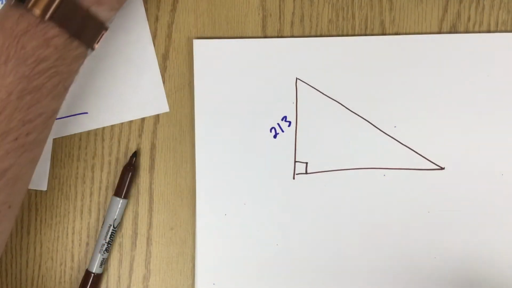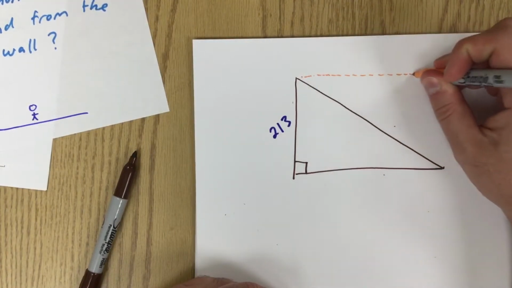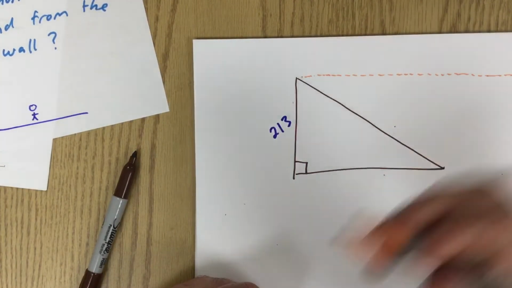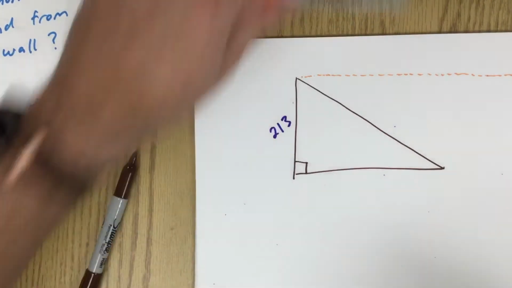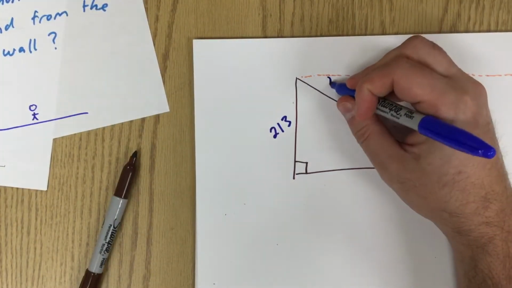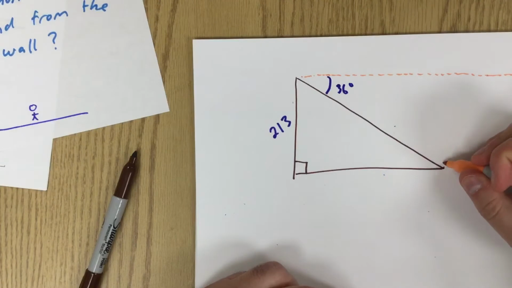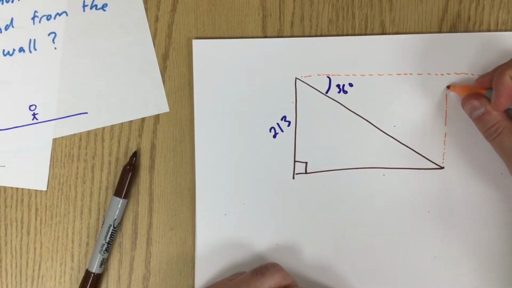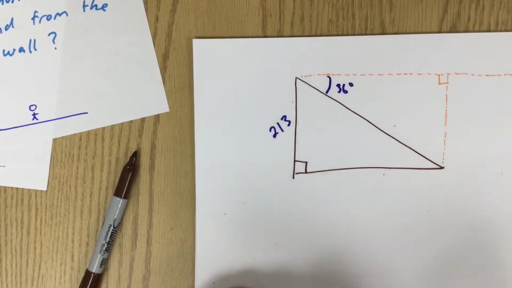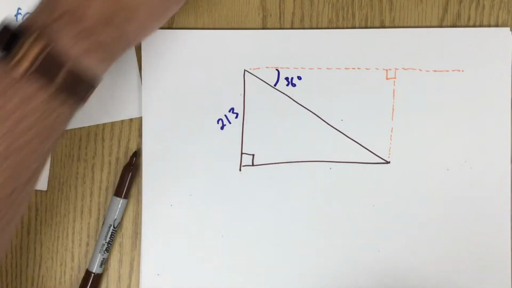We have to make a fake horizontal line that goes out. So the angle of depression is 36 degrees. Now sometimes with these triangles it might be useful to make a vertical line, so we could do that and join it up over there.